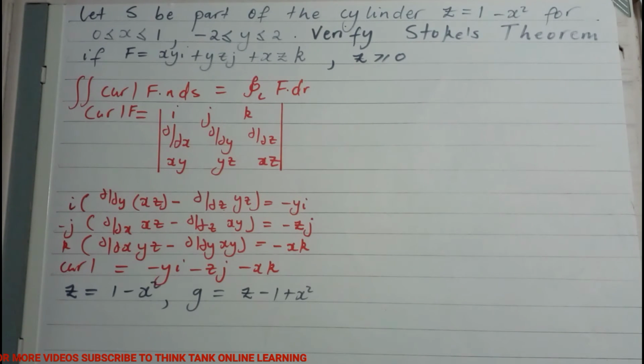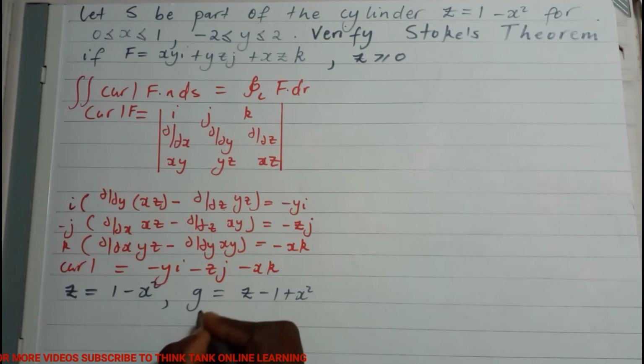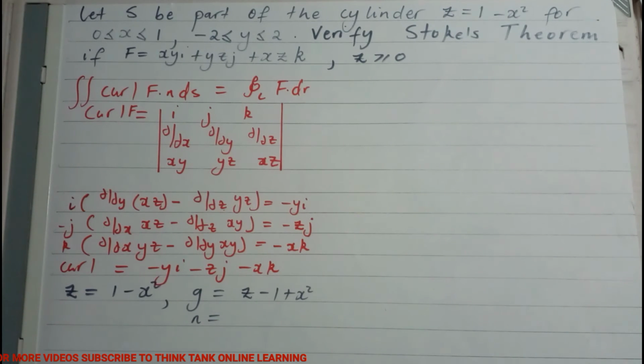Now I want to find the normal. The formula for the normal n is the gradient of the function g over the magnitude of the gradient of g. So let's find the gradient of g.